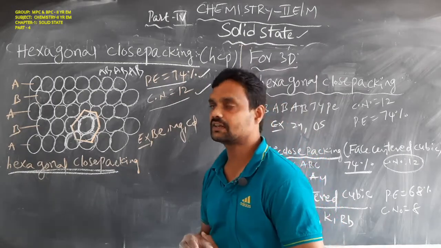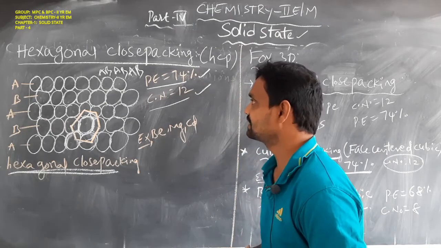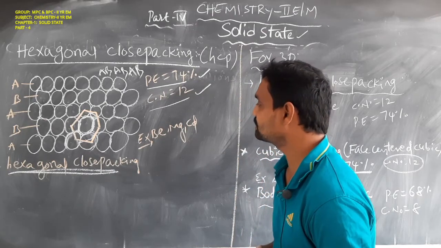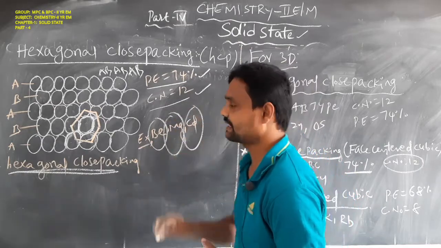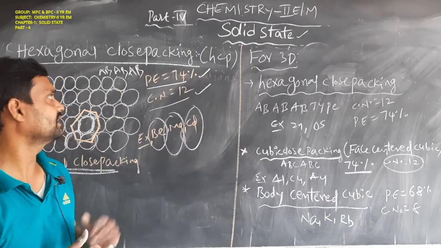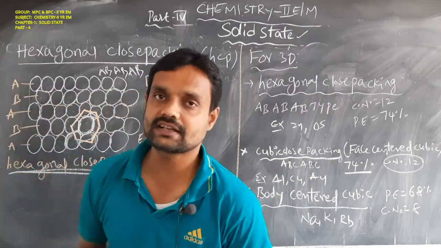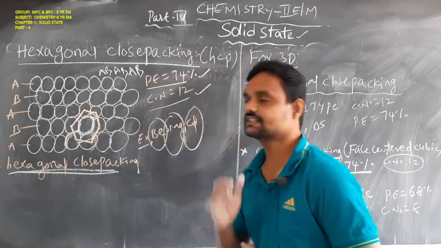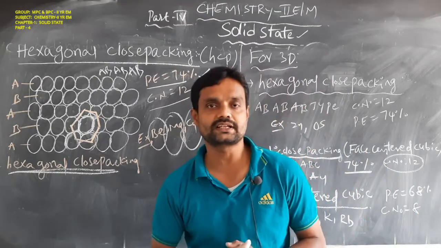What is the coordination number, students? 12. Examples of solids for hexagonal close packing are beryllium, magnesium, and cadmium. These are a few metals that are examples of hexagonal close packing. So this is the two-dimensional arrangement: one is square close packing, another is hexagonal close packing.